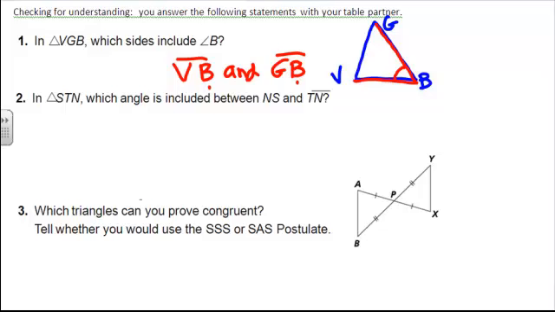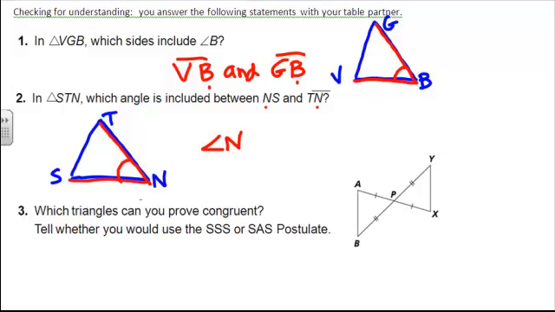Okay, in triangle STN, which angle is included between sides NS and TN? Well, I can see that this angle is the one. I can also see it's the only common letter I have, so the answer is angle N.